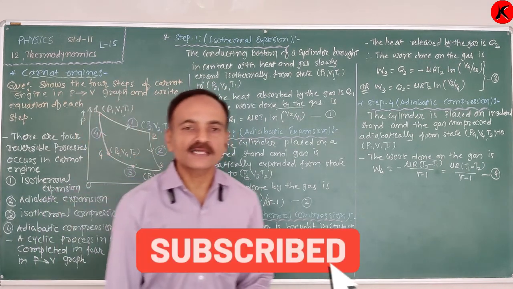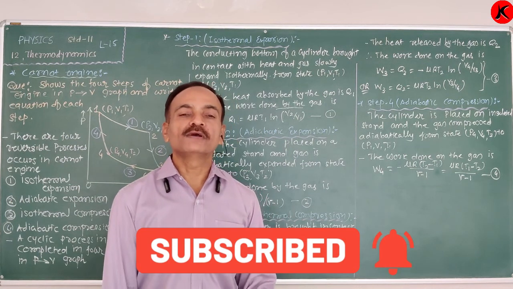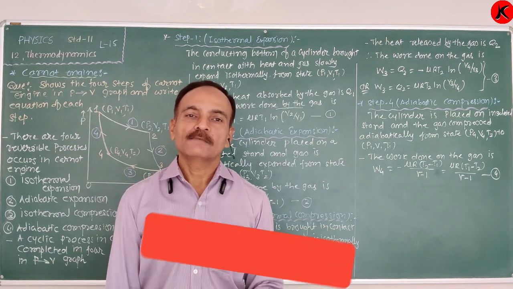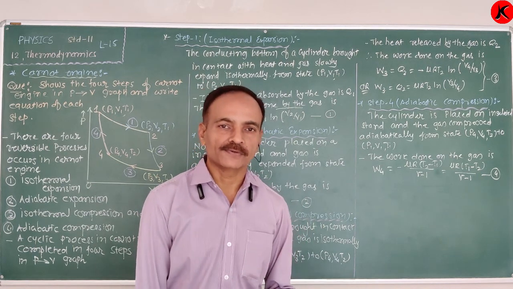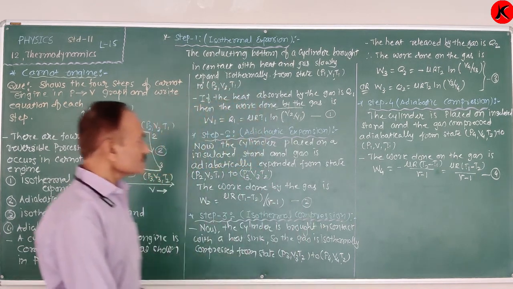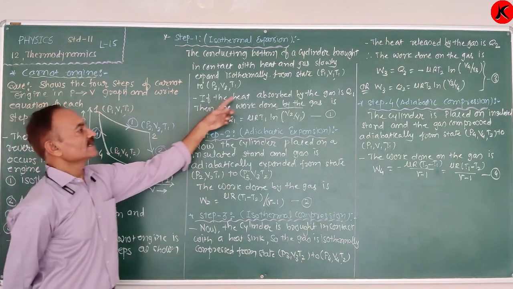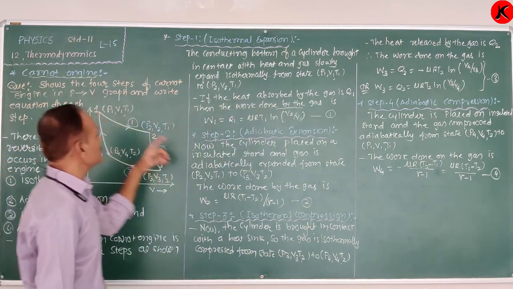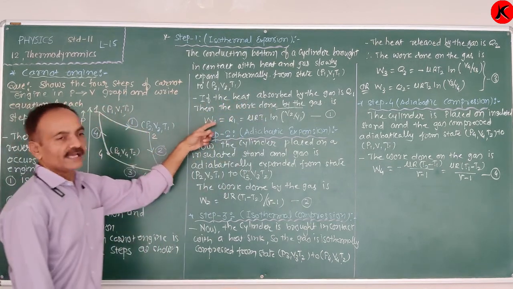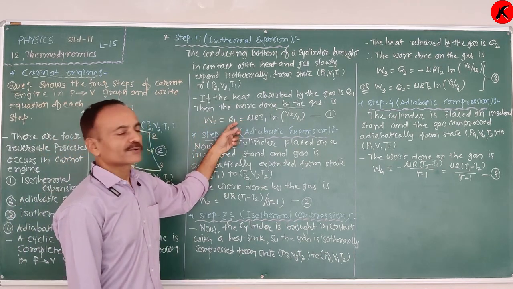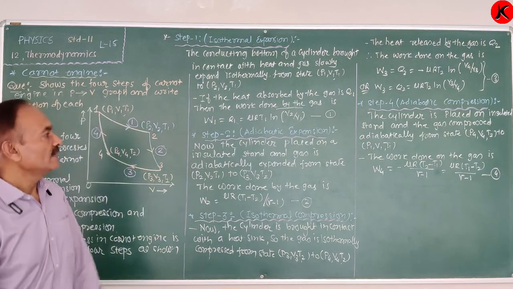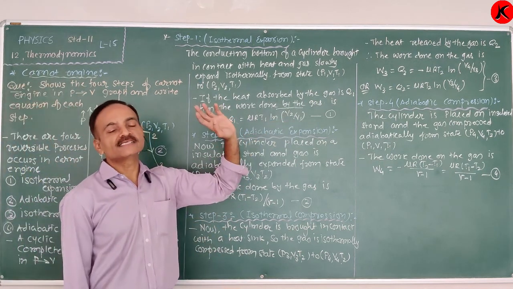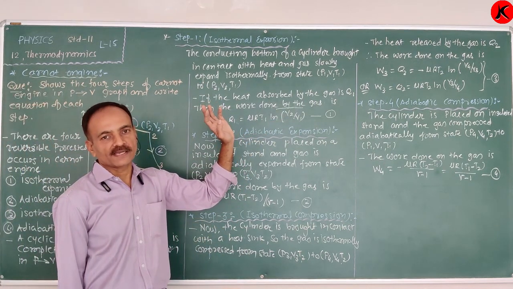From the first law of thermodynamics, Q is equal to change in U plus W, but the change in internal energy is 0, therefore W is equal to Q. Due to this result, we can write the work done by the gas during the isothermal expansion as W1 is equal to Q1 is equal to mu RT1 ln of final volume to initial volume, V2 upon V1.